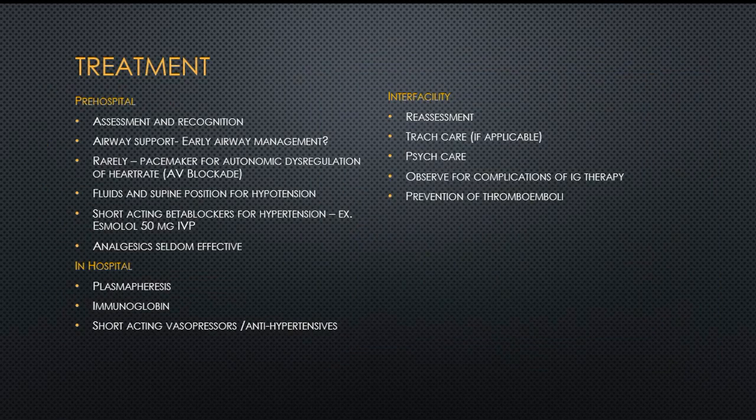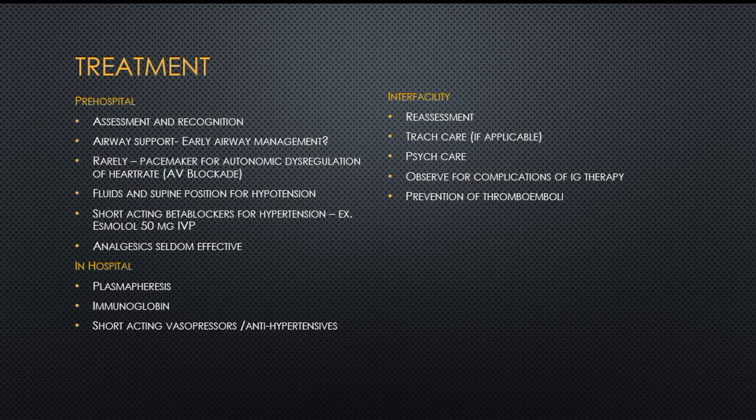So what's your treatment? The number one treatment absolutely is going to be assessment and recognition. So this is a case where you might have a strong suspicion and say, instead of taking you to the freestanding ER, we'll take you down to the main campus, something along those lines. Airway support is pretty self-explanatory. If they have severe or progressive respiratory distress, we can make those decisions.